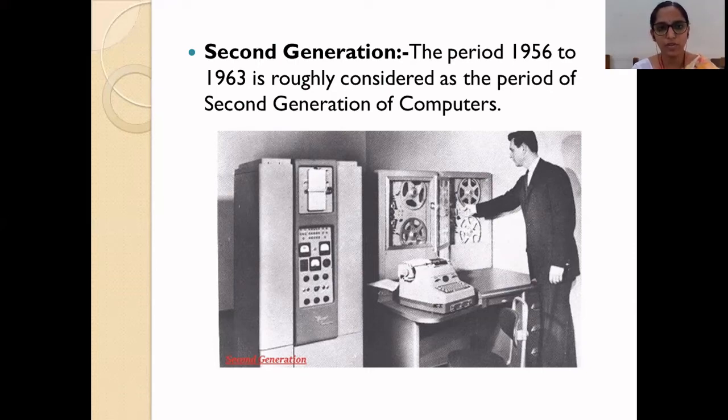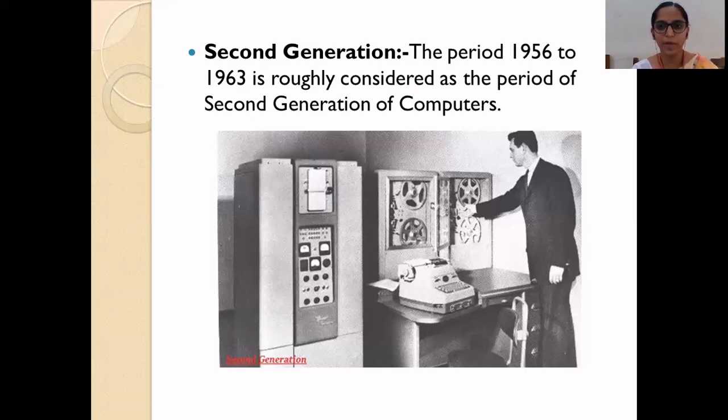As compared to the first generation, the second generation computer is smaller. The first generation computer took a lot of time to operate a single task, but the computing time taken by second generation computers was less as compared to the first generation.